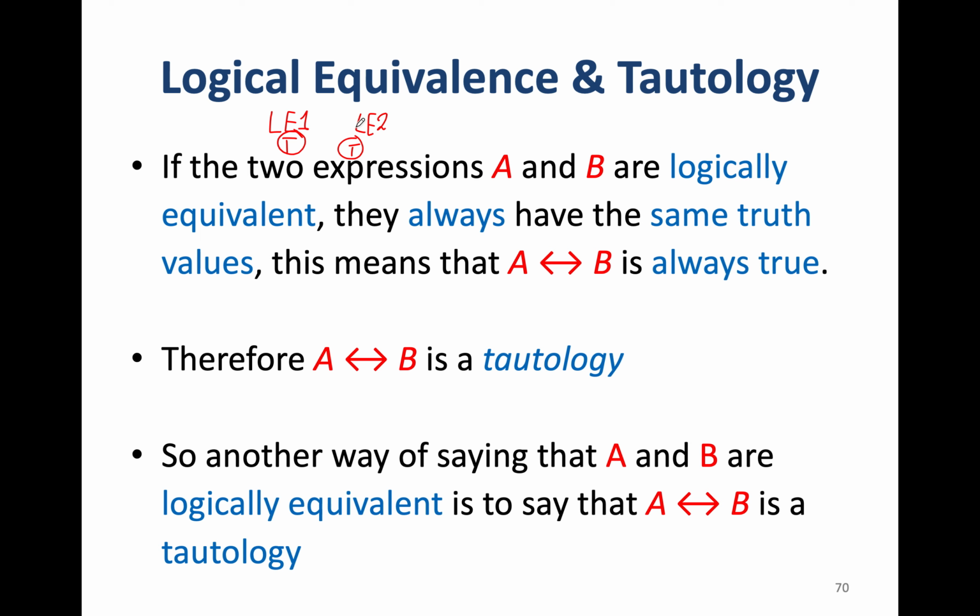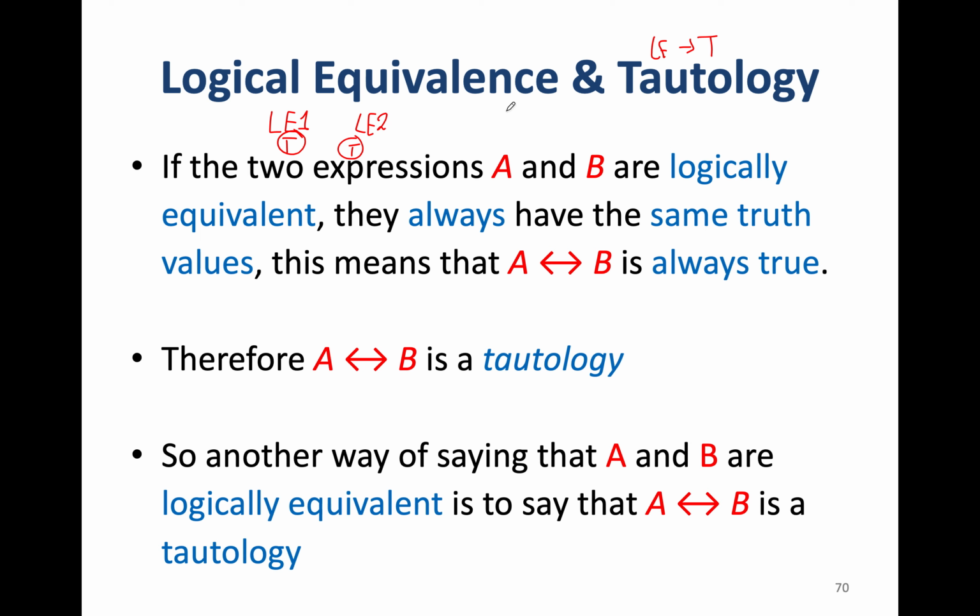In order to say that they are logically equivalent, they must have the same truth value within the same condition. Tautology is a logical expression that is always true. So this is one concept and this is the other concept. It was discussed in the last session.